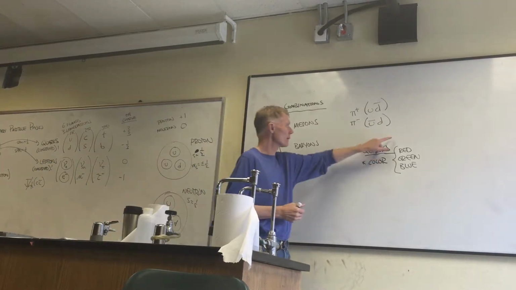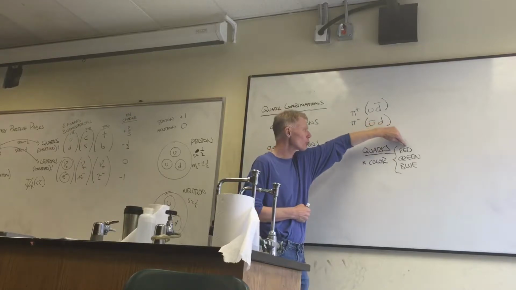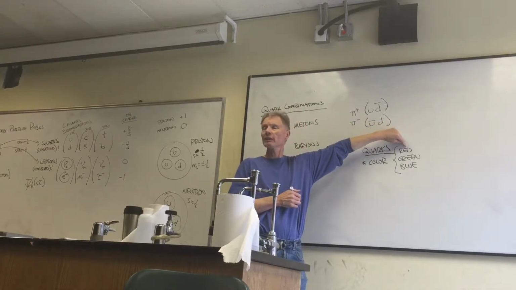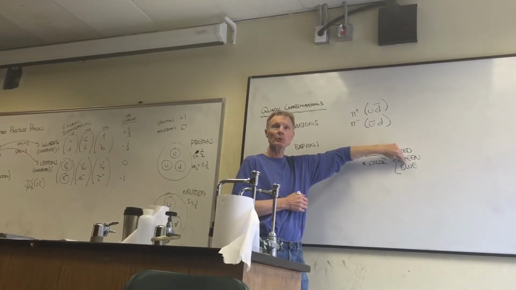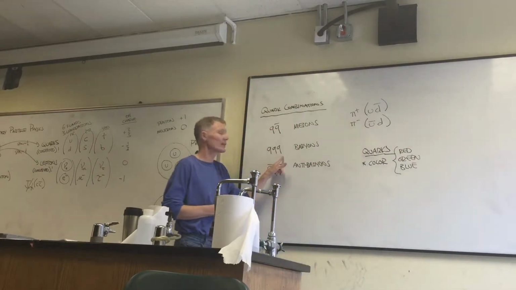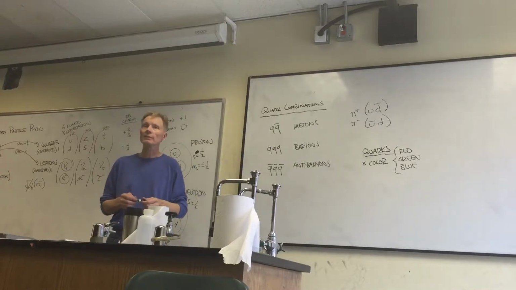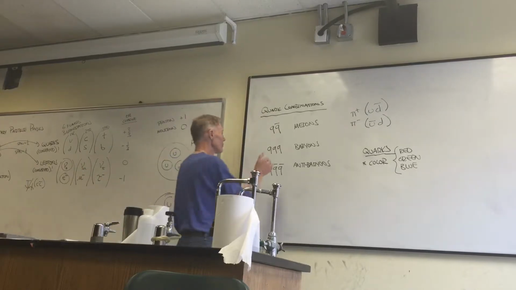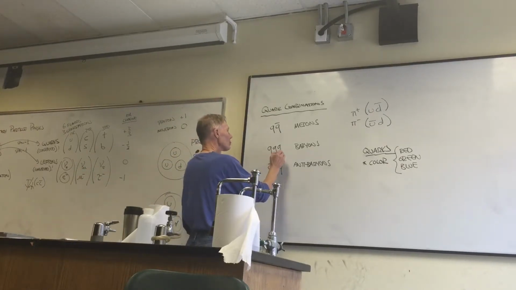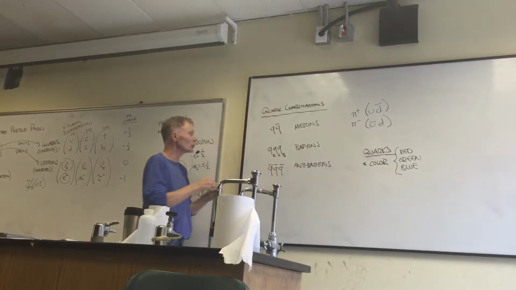So if I have quarks coming along, and the first quark goes into the red state, what happens to the next quark? Well, it's got to go into the green or the blue state. So by the time I've accumulated 3 quarks together, what must be the case? They must each be in a different color state. And that's how the theorists came up with this. So one of these is red, one's green, and one's blue.